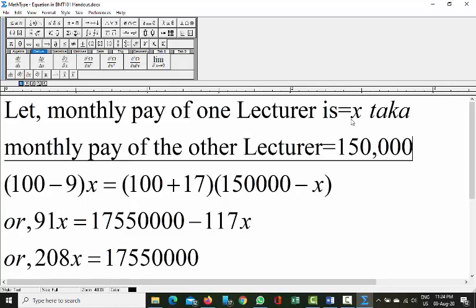If one of them gets x taka per month, then the monthly pay of the other lecturer will be 150,000 taka minus x. That is the other lecturer's pay.